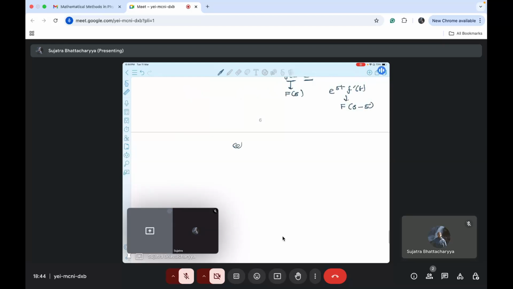So let us find out the Laplace transform of f dash t. And what is this f dash t? So f of t, we are writing it as f dash t times e to the power 5t, right?